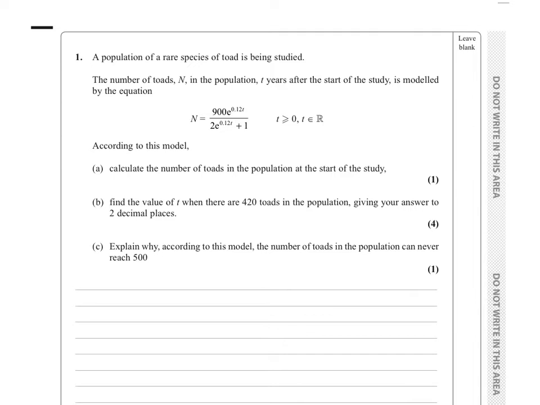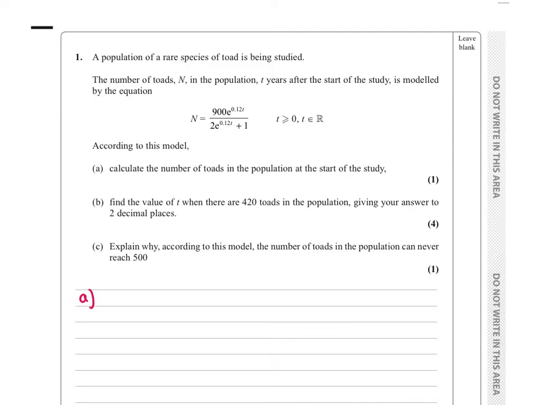According to this model, calculate the number of toads in the population at the start of the study. Okay, when we're looking at the start of the study, it's obviously been 0 years.